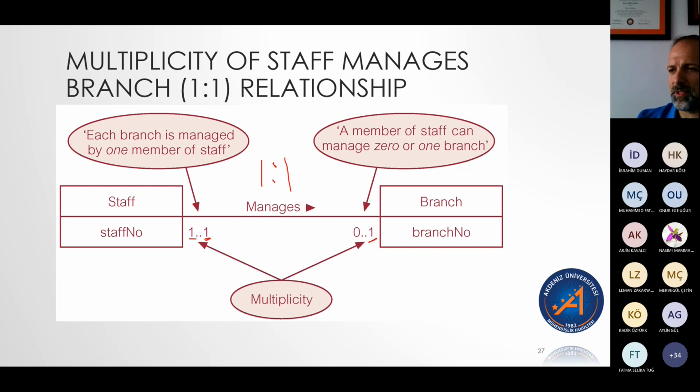The other side is how many must participate. Okay. So branch is managed by at least one staff. So the way we could read this is the branch is managed by one and only one staff person.